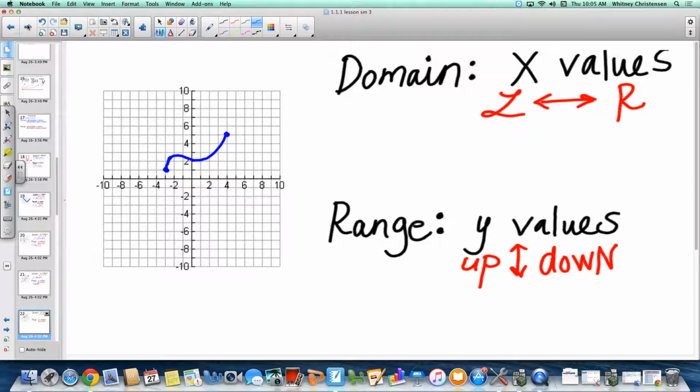Alright, try this one with your group. Domain and range, this one's trickier. Domain is x values, we're talking left and right. Range is y values, up and down.